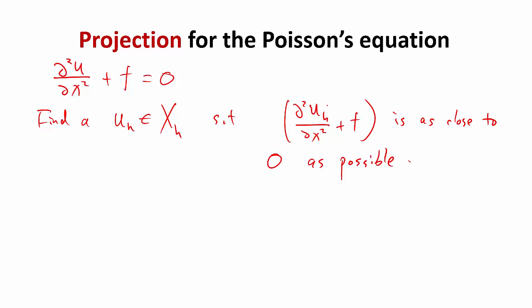So what do I mean by as close to 0 as possible? Should I keep f as original? Yes, I keep f as original. But now that means this thing is going to be a bunch of delta functions plus an arbitrary function. What do I mean by that being as close to 0 as possible?